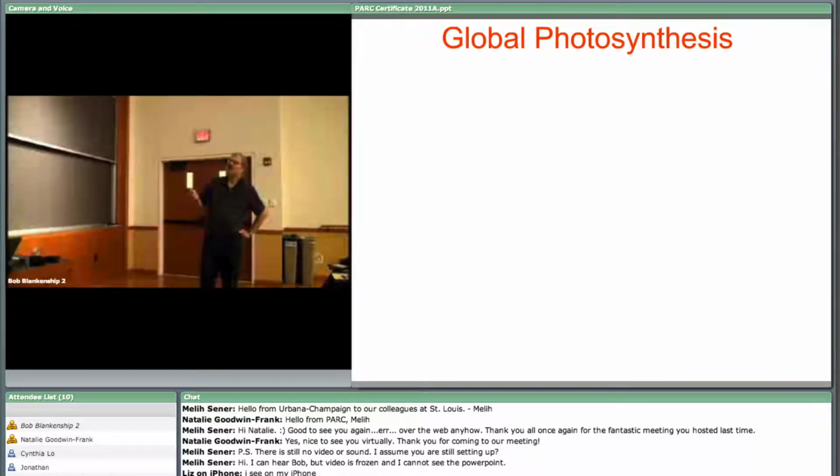There's color coding between the ocean and the terrestrial photosynthesis. About half of total photosynthesis goes on land, and the other half takes place in the oceans. A lot of the oceanic photosynthesis is in polar regions, which are particularly productive.